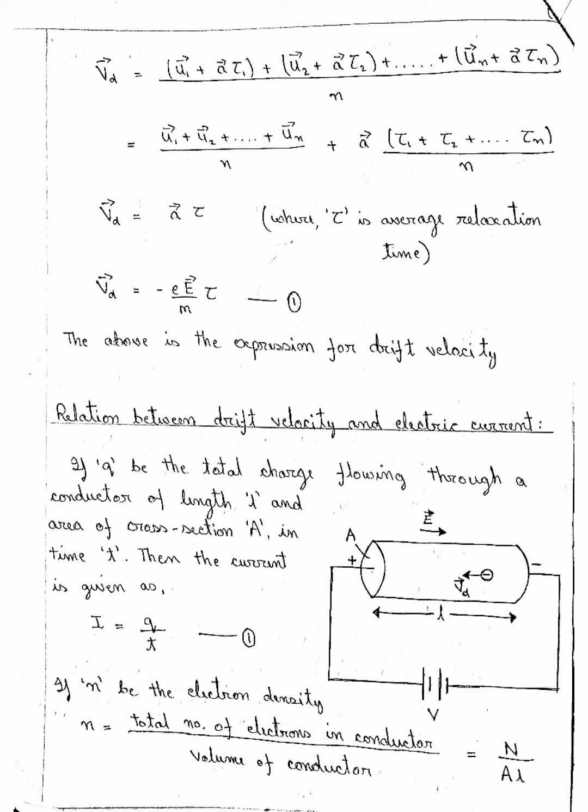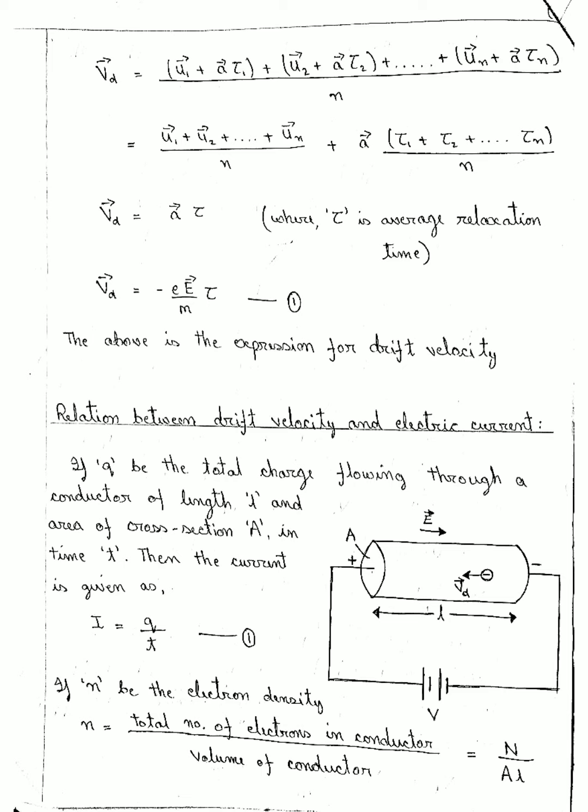One end is positive and the other end is negative, and there's an electric field across the two ends of the conductor. Hence, the free electrons inside the conductor will be drifted towards the positive end of the conductor with a drift velocity Vd.